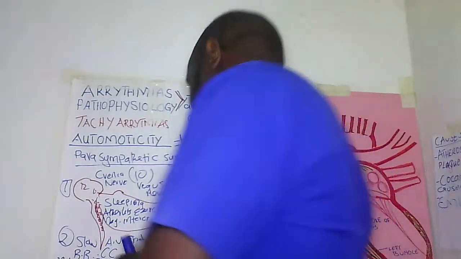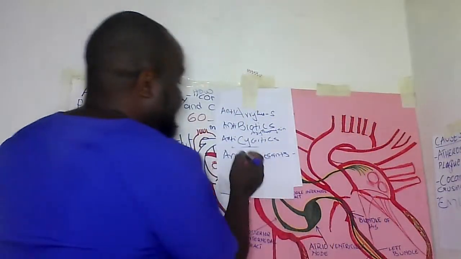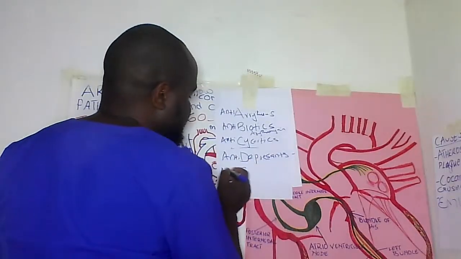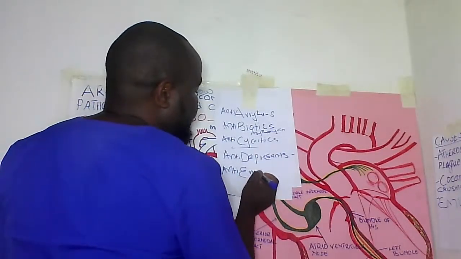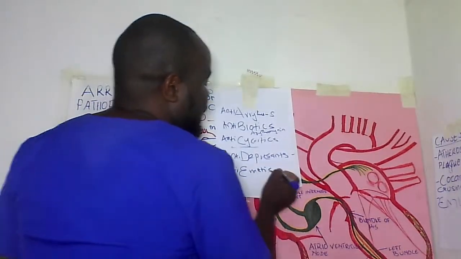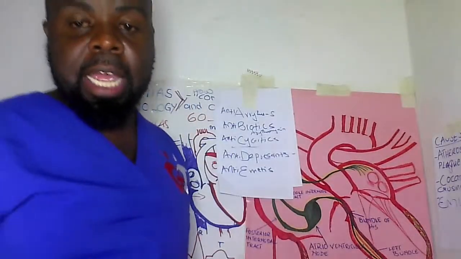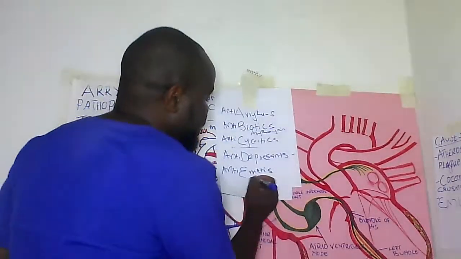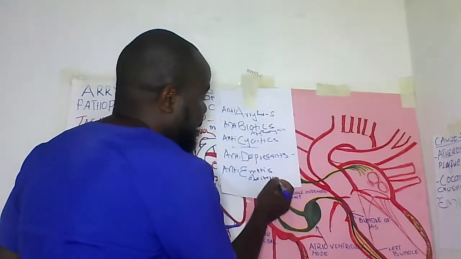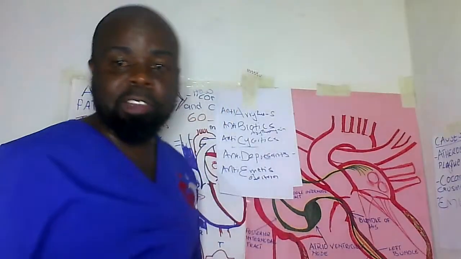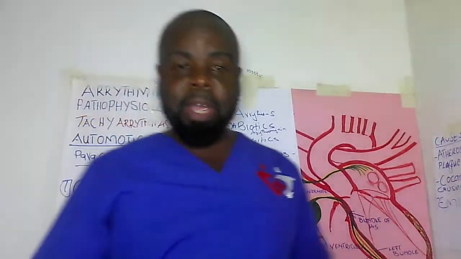Antiemetics. Drugs like which ones? Drugs like metoclopramide. It is called Plasil, metoclopramide.